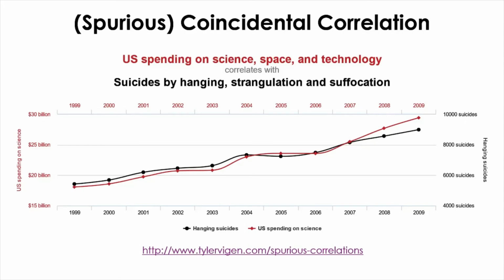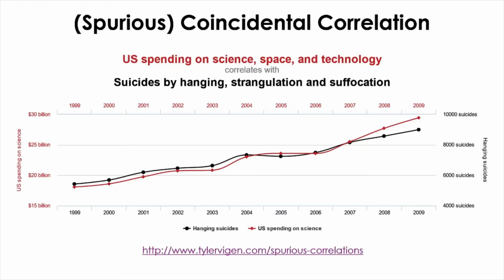Okay, so the data in red are based on the official statistics from the US Office of Management and Budget, whereas the data in black are from the Centers for Disease Control and Prevention of the US.